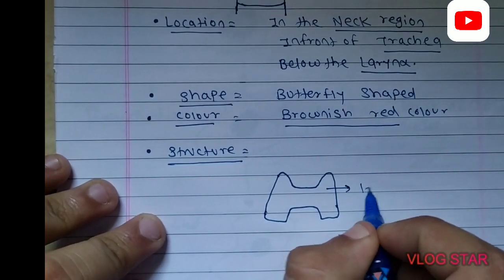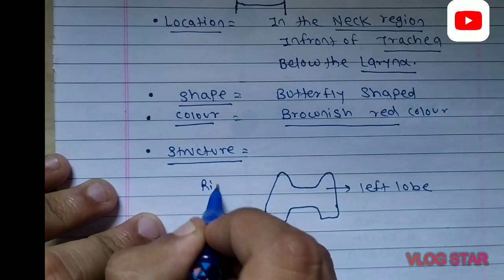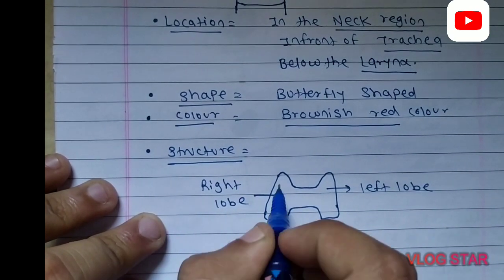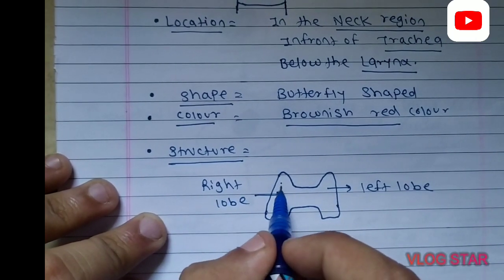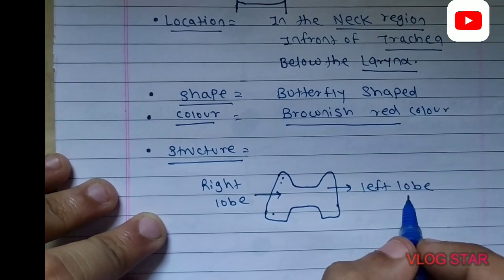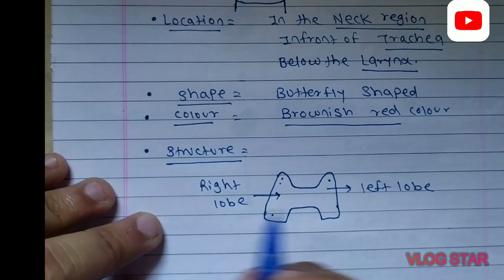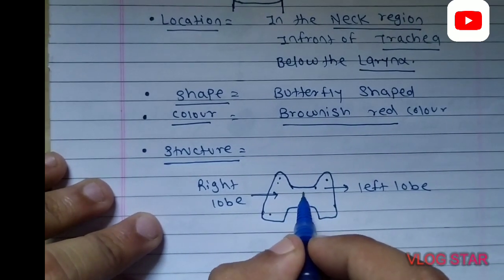This is the left lobe and this is the right lobe. The right lobe consists of two poles, the upper pole and the lower pole, and the left lobe also consists of two poles, the upper pole and the lower pole. The right lobe and left lobe are connected with each other with the help of the middle isthmus.